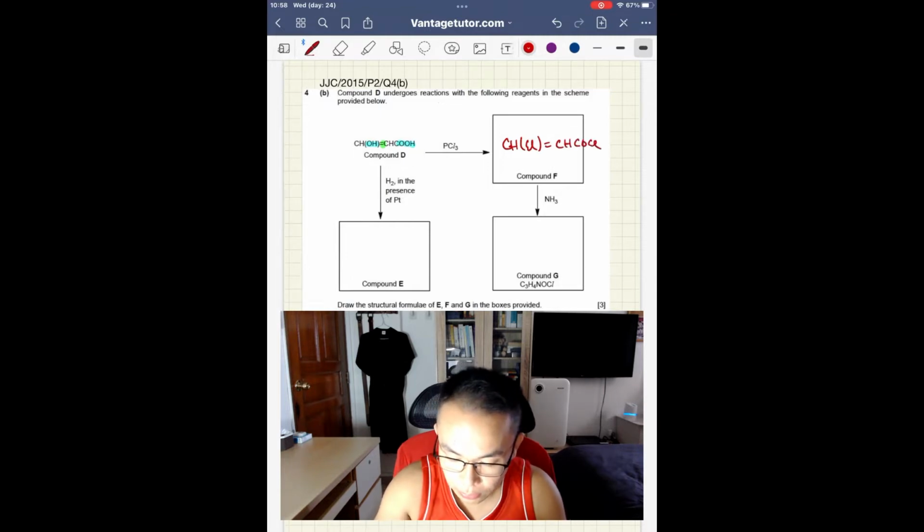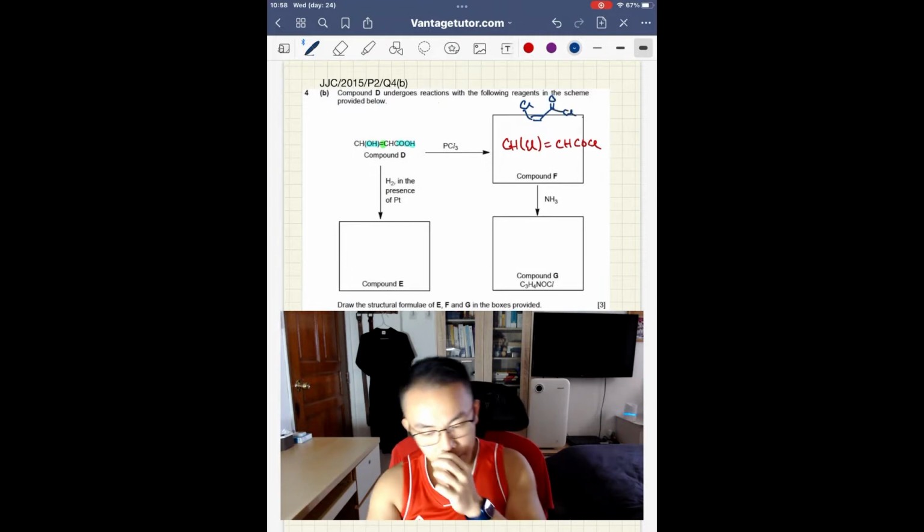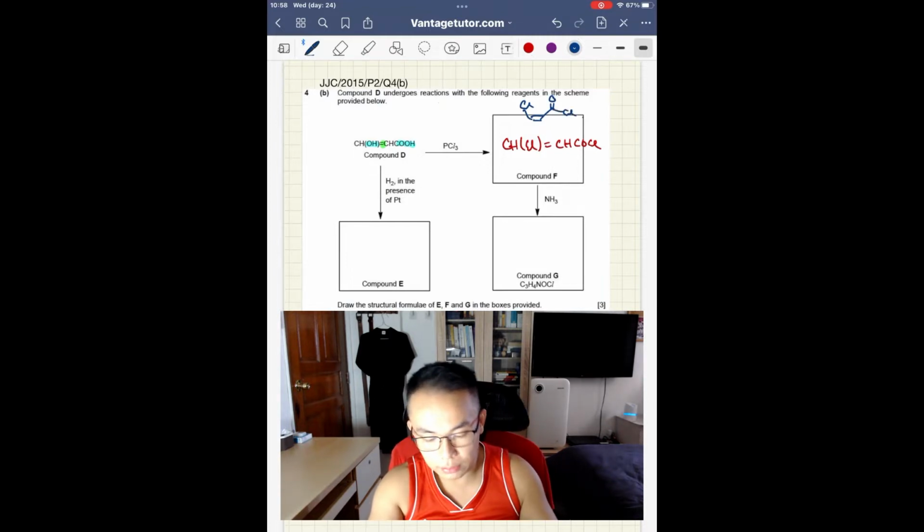If I draw the skeletal structure, it will look something like this, with a double bond, Cl, then the carbonyl double bond to O, and Cl. In this case, I happen to draw the cis isomer.